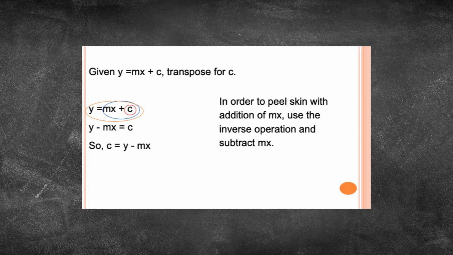Next, peel the skin with mx by using the inverse of addition, which is subtraction. Now peel the final skin. So the answer is y subtract mx is equal to c. Or we can say c is equal to y subtract mx.